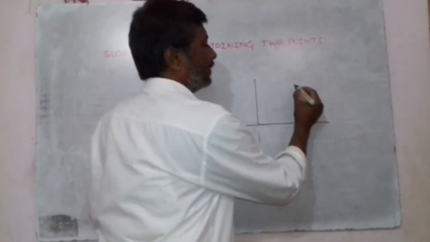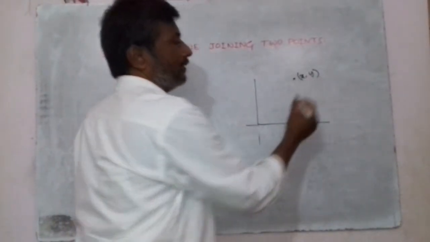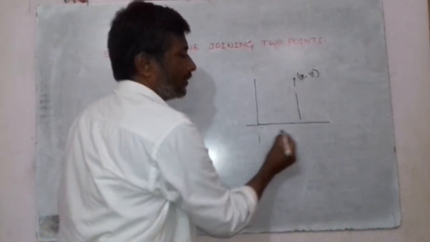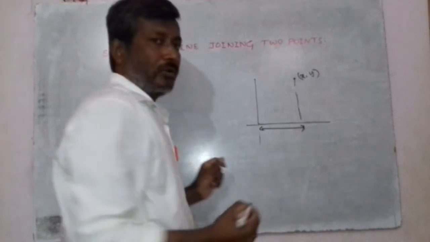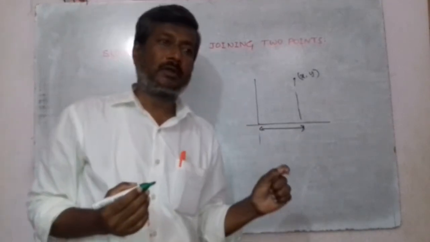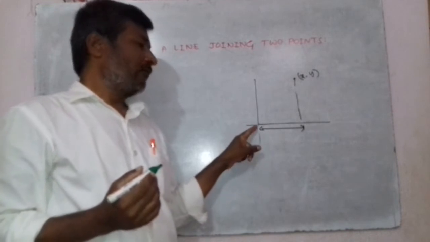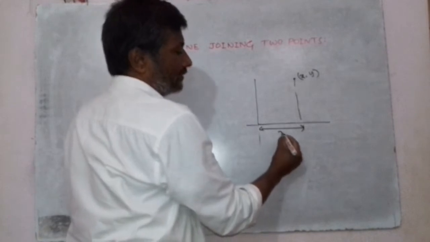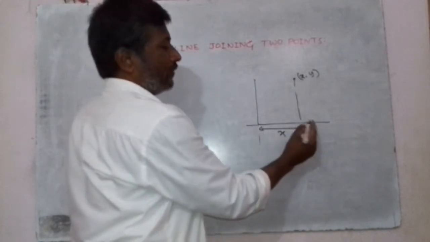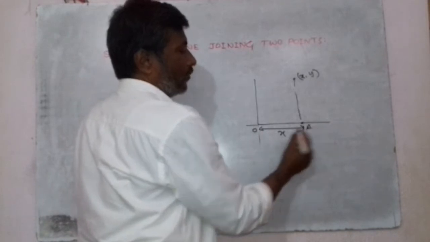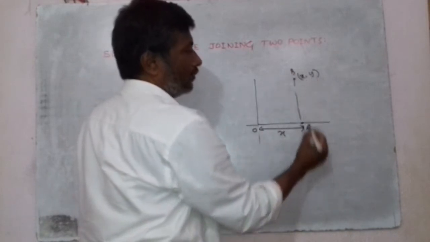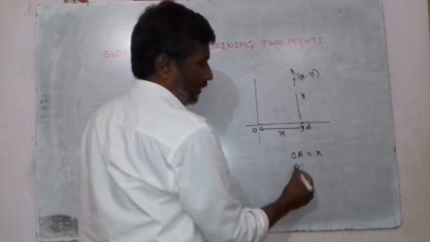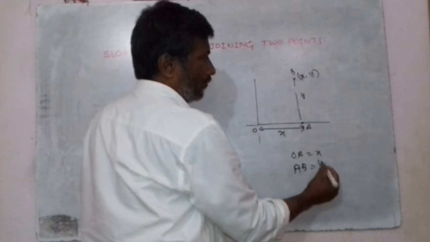If we consider the point (x, y), all distances in the coordinate plane are measured from the origin O. So this width is x, that is OA equal to x, and AB equal to y.